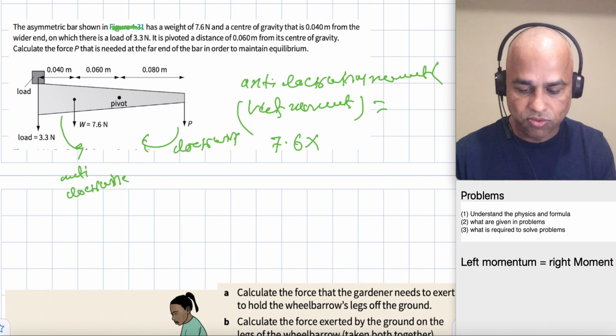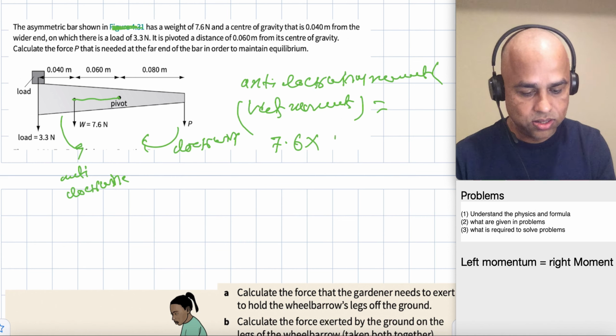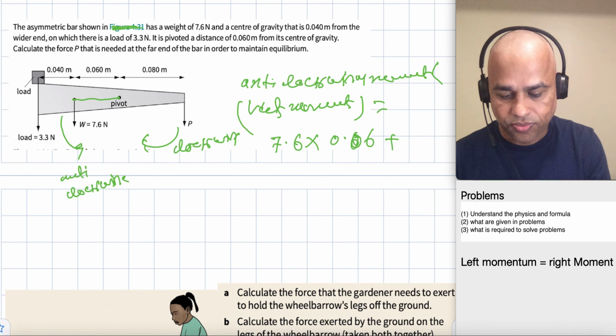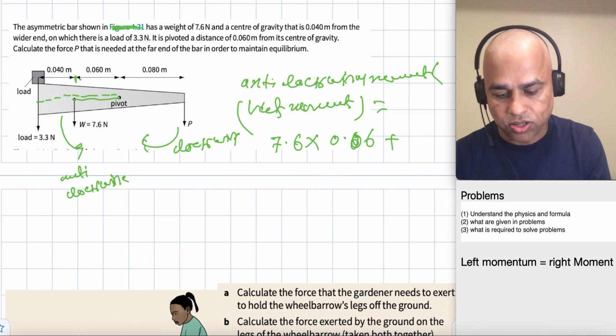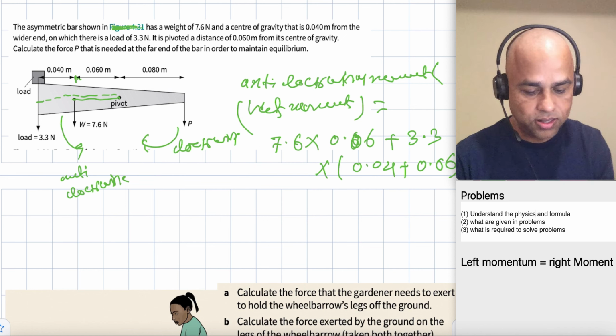So it's going to be 7.6 into how far the distance is from the pivot, from here to here. How far is it? It's 0.06 meter, and for the other weight, how far from here? This is 0.06 from here, and 0.04, so it's going to be 3.3 Newton into 0.04 plus 0.06.